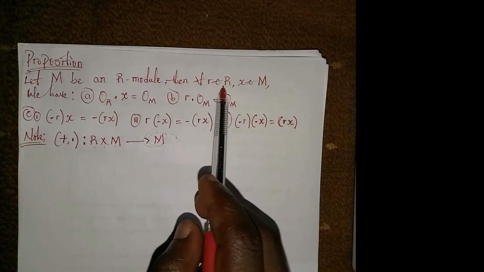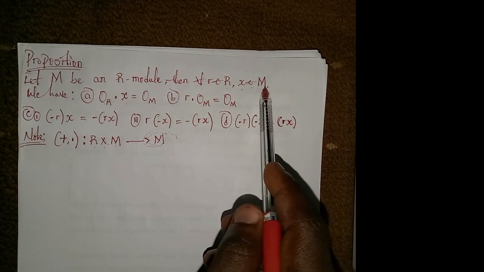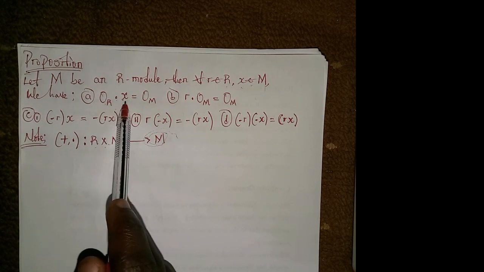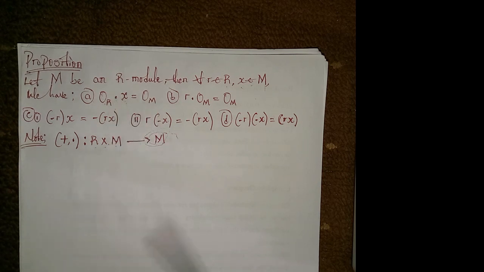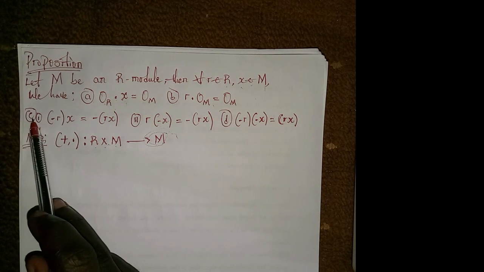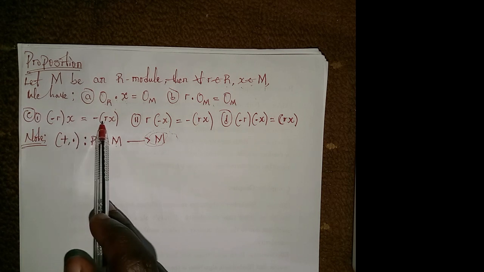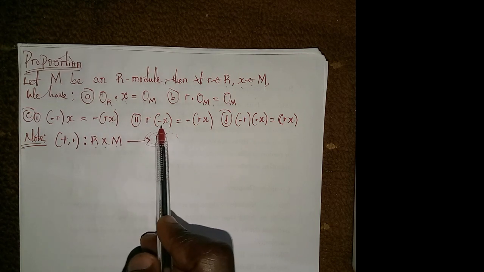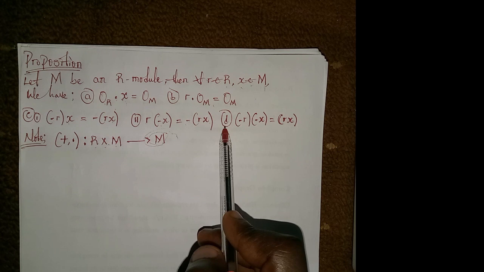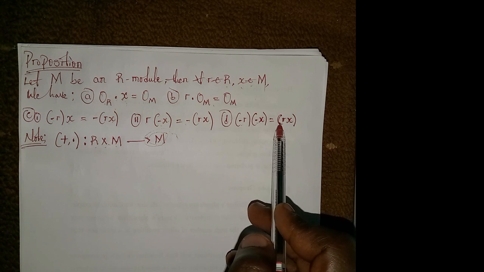Then, for all r contained in R, which is the ring, x is contained in the abelian group M, we have the following conditions: zero of R multiplied by x is equal to the zero of M; r multiplied by the zero of M is equal to the zero of M; negative r multiplied by x gives us minus rx, and r multiplied by minus x gives us negative rx. And the last condition, negative r multiplied by negative x, gives us rx.